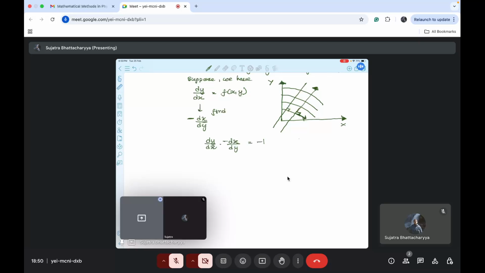So this dy/dx corresponds to the y set of curves, and minus dx/dy corresponds to the x set of curves, and they will be at 90 degrees, orthogonal. These are called the orthogonal trajectories.